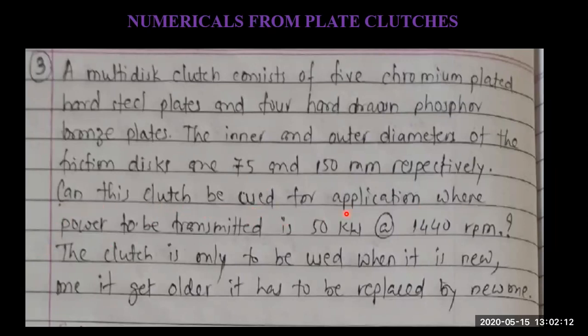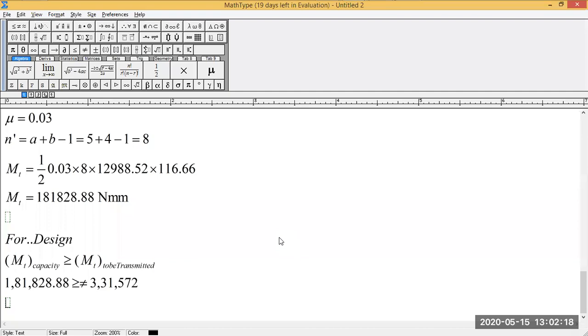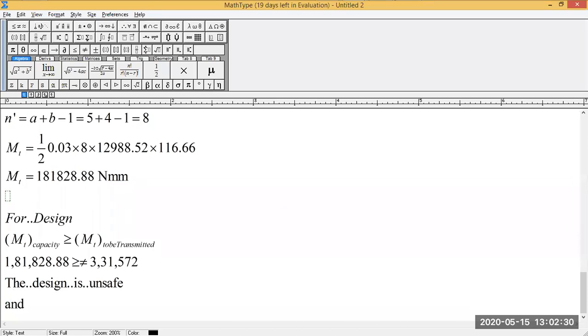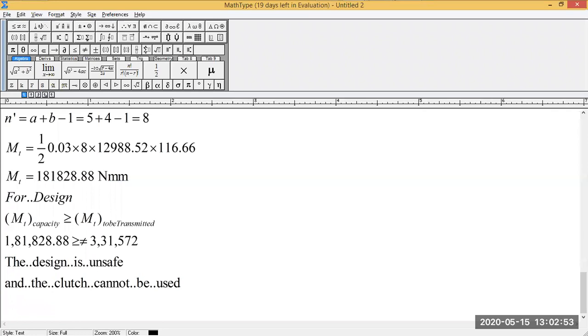You can just say no. So you can say the design is unsafe, and the clutch cannot be used. That's it. Once this did not satisfy, then you can just say it is unsafe. That was the main thing which was asked in the question, right? So that's all you are required to find.